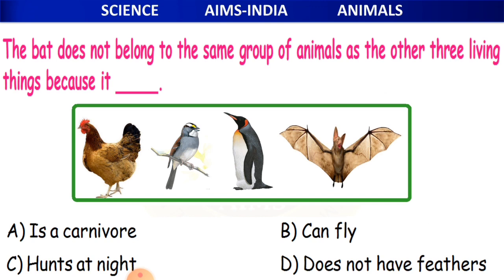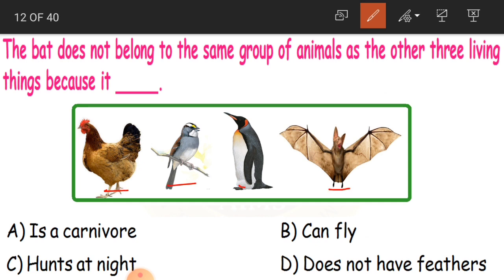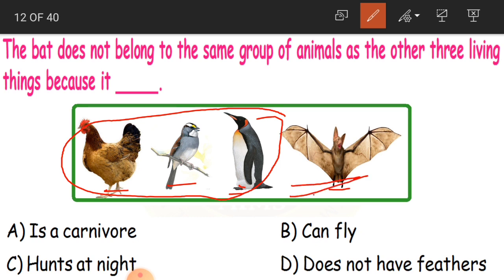The bat does not belong to the same group of animals as the other three living things because it dash. See here, you are having four pictures, children. You have a hen, a sparrow, a penguin and a bat. So we are talking about the bat in this question. What we are saying is the bat does not belong to the other group of animals as the other three living things, because what is the difference?